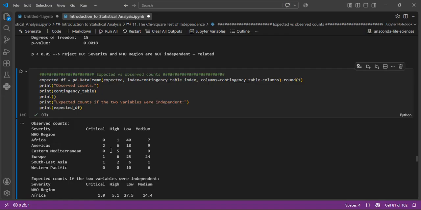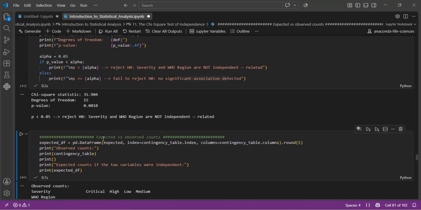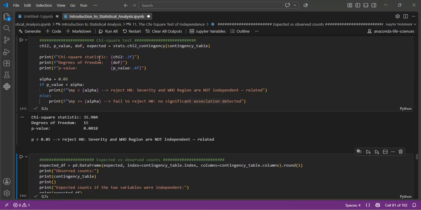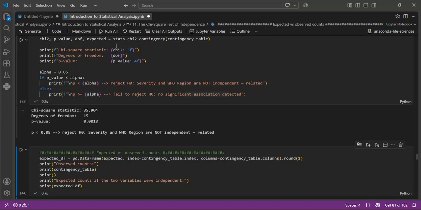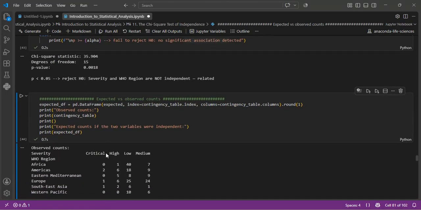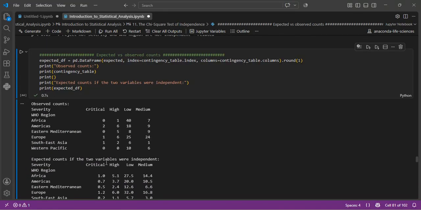In this case, we can also print out that expected value over here, and this is how we can output it. We just put it in a data frame, and once we do that, the expected value will be calculated for us. So it's just an application of this expected value.